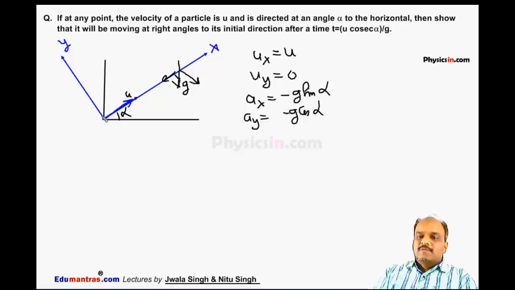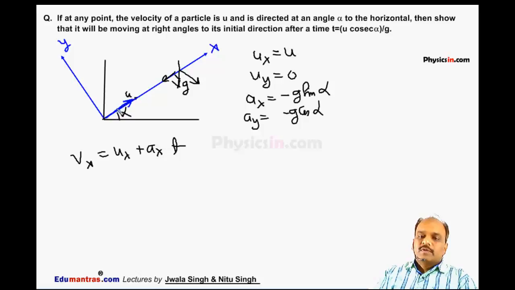So when the particle is moving, the question says the initial velocity is along the x-axis. Let the velocity along the x-axis be ux plus ax into t. When the particle is moving along the y-axis, it is perpendicular to the initial velocity. So when the particle is moving perpendicular to the initial direction, it is moving along the y-axis, which means the velocity along the x-axis becomes 0 at that instant.